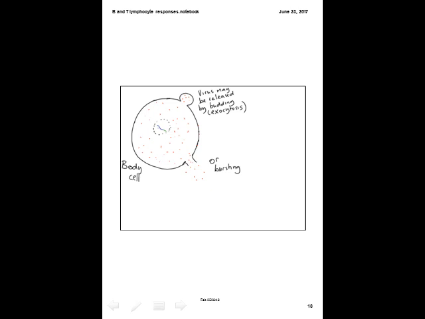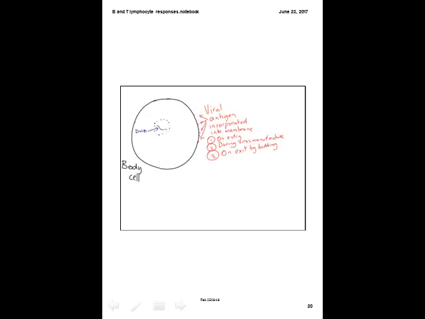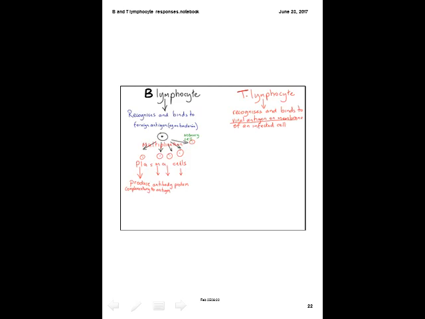And we're going to just compare the way that B lymphocytes and T lymphocytes work. So there's our B lymphocyte that we talked about a few minutes ago. And over on the right-hand side, we're starting to build up a flow diagram about T lymphocytes.